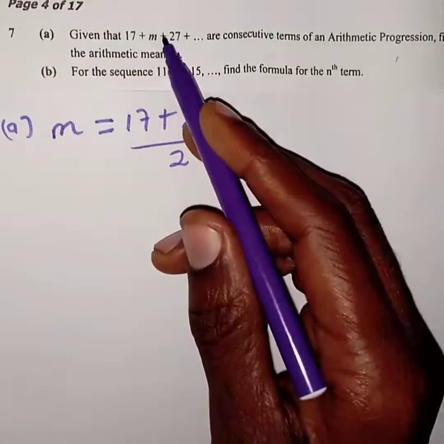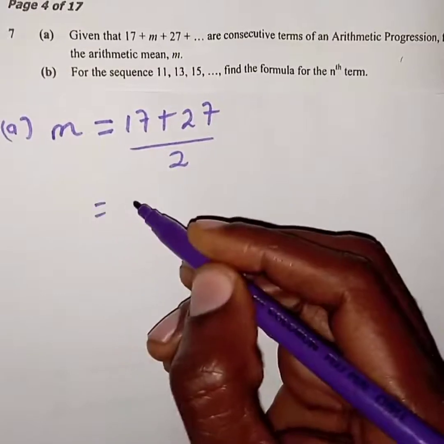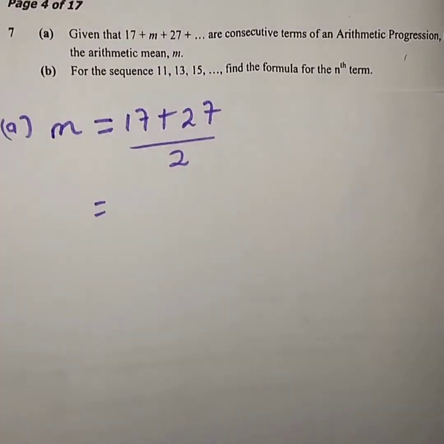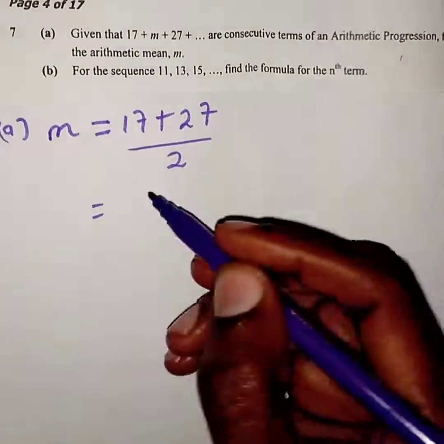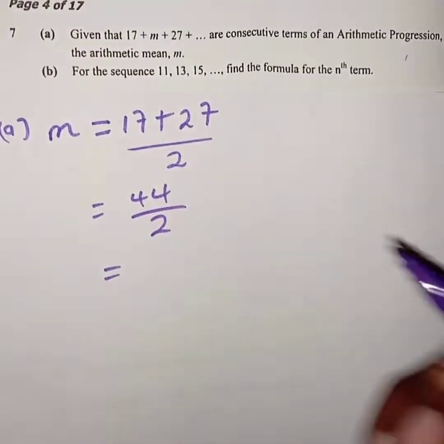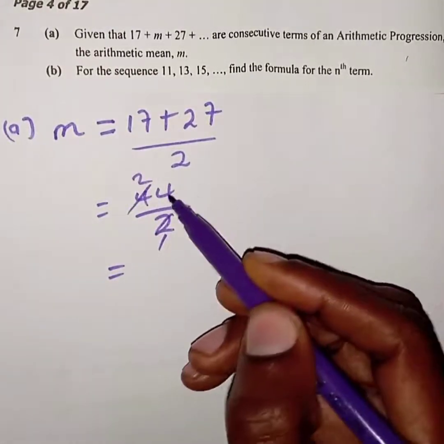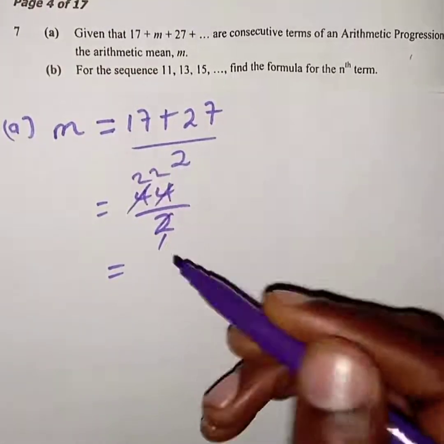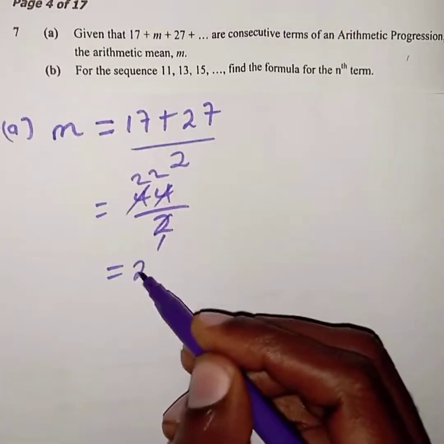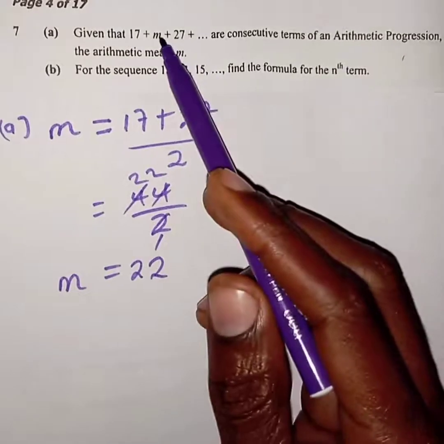It's like finding the mid number. So 17 plus 27 is 44 over 2, which is 22. So the mean is 22.